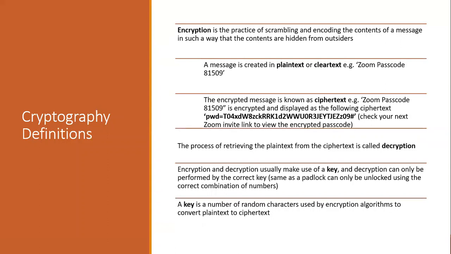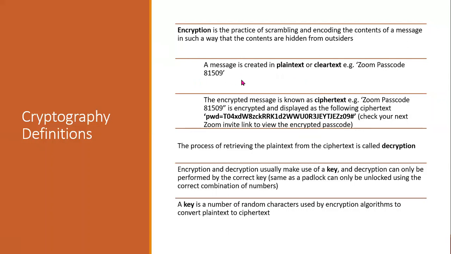If you take a look at your Zoom passcode, if you've ever received a Zoom invitation, if you take a look at the message, it will say you're invited to a meeting, and then it has a Zoom passcode. But if you take a look further on in the message, you may see a text that says PWD equals, and then it's got this long scrambled text.